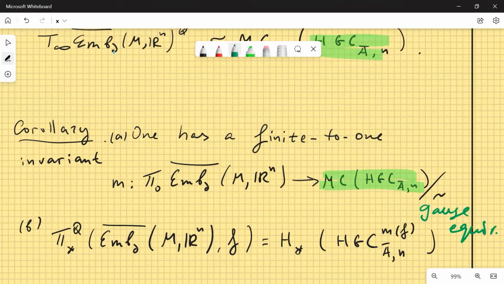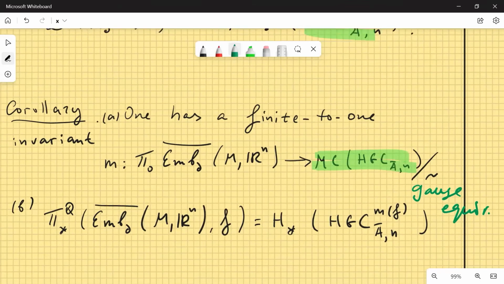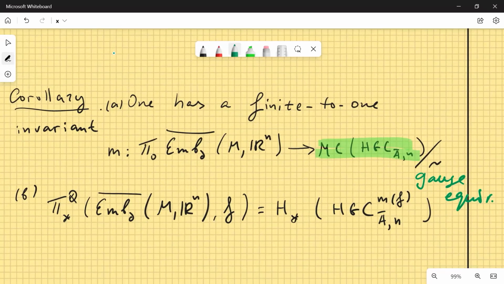And moreover, we can compute the rational homotopy groups of each component. And actually, we can determine the rational homotopy type of each component by just taking the twist of the hairy graph complex by the corresponding Maurer-Cartan element.